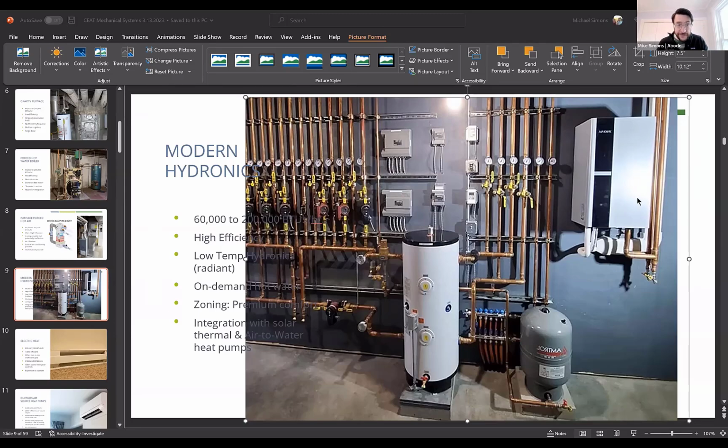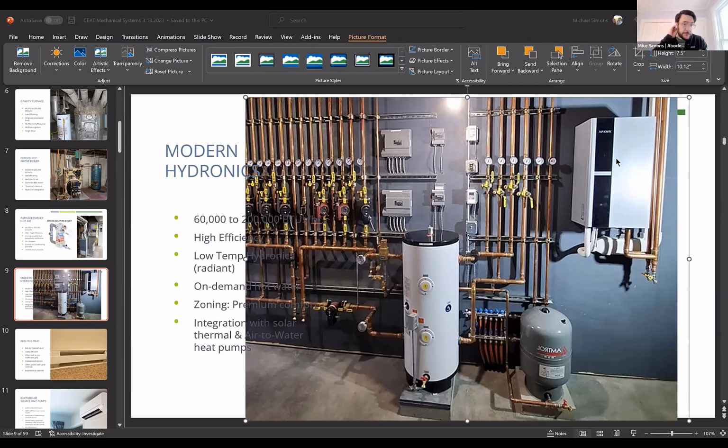All right, so now this is a high efficiency boiler right over here. So with this boiler, it would be venting out through a PVC pipe. I can't see exactly where the venting is in this photo, but it'd just be a PVC pipe going out and a PVC pipe coming in.